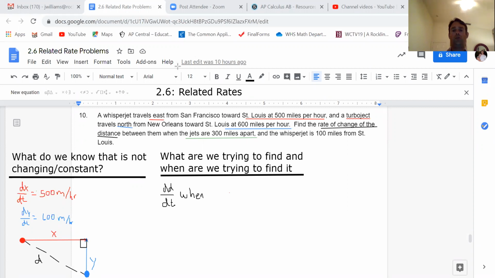So the distance between them, that would be the D value. So when the jets are 300 miles apart, that's that D value. So when D is 300 miles apart.